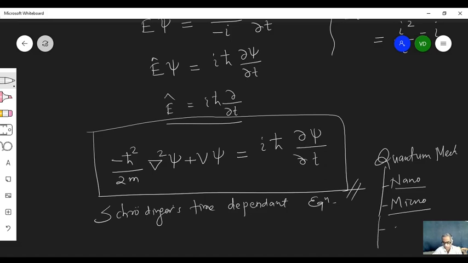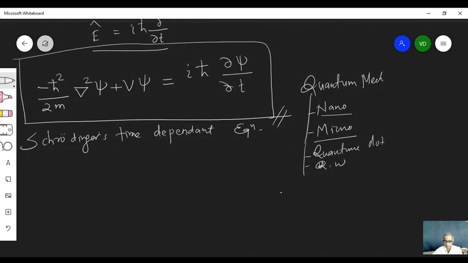Also when you talk about quantum well and quantum dot, all these applications, for example the LED, light emitting diode. The thickness of the active region in an LED is very small. It is so small that you cannot use the classical equations, the equations you are using for Newtonian mechanics. So we cannot use them. You have to use quantum mechanics.